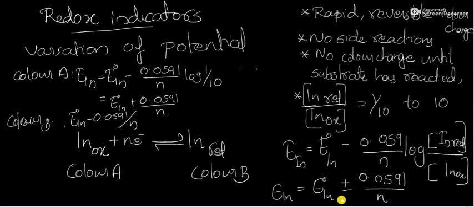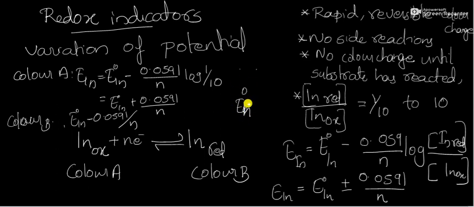That is, a detectable color change of the indicator occurs when the potential of the indicator system changes between values 0.0591 divided by N on either side of E0 indicator. That is, this is the value of E0 indicator.